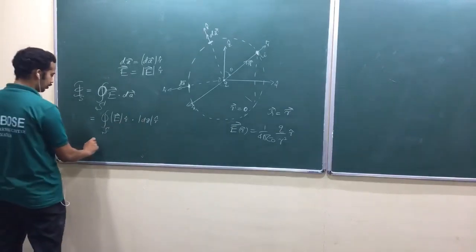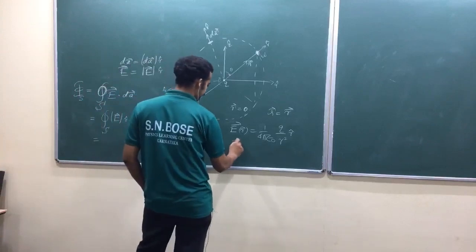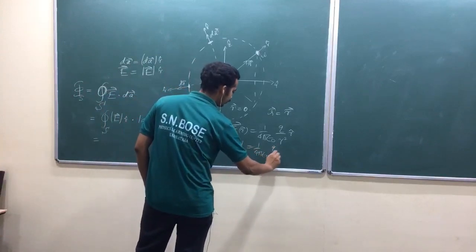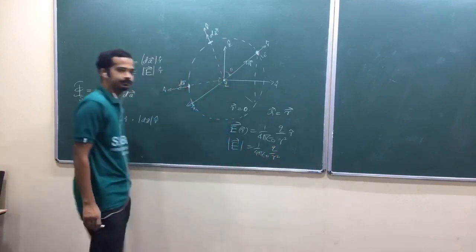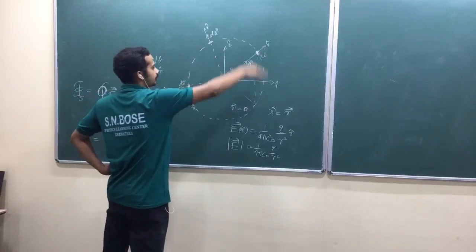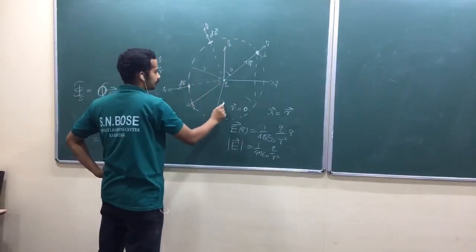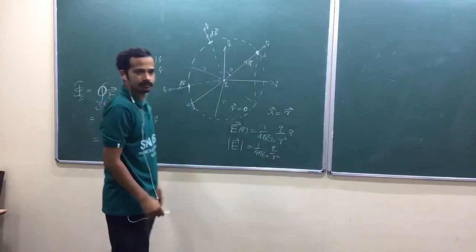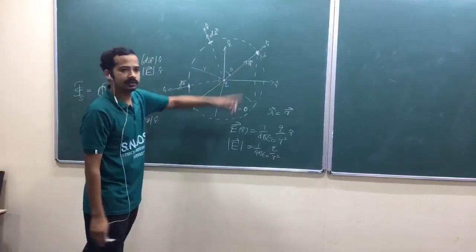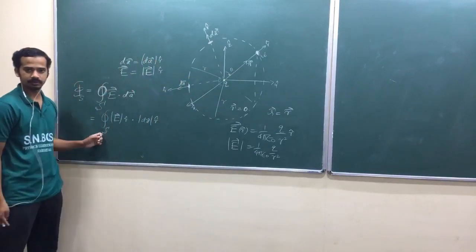So now look at here, the mod of the electric field. What is this? 1 by 4 pi epsilon naught q by r square, isn't it? Now since over this spherical surface your radial distance is constant, r, I have taken r, this is also constant throughout this integral.